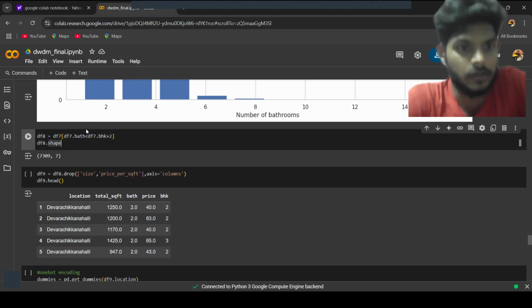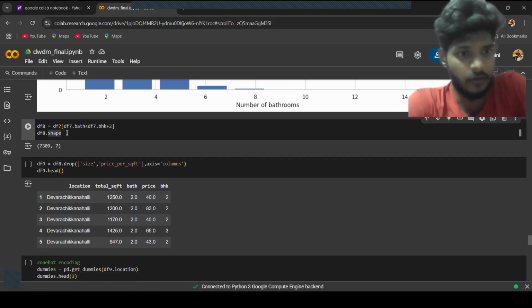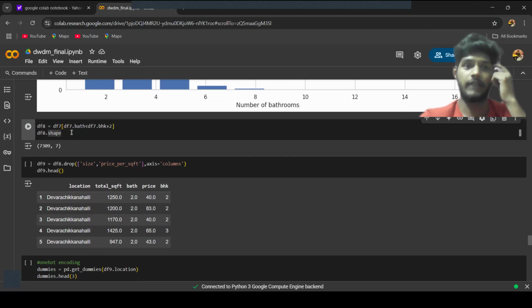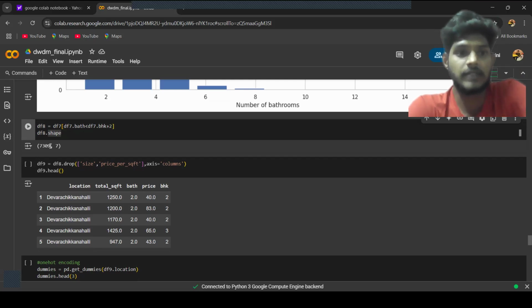Here we are taking bathrooms which are less than BHK plus 2, and we are taking it into the data frame 8. Here we removed nearly 3,000 records. Before we had some 10,355 records, I think, and now we removed nearly 3,000.